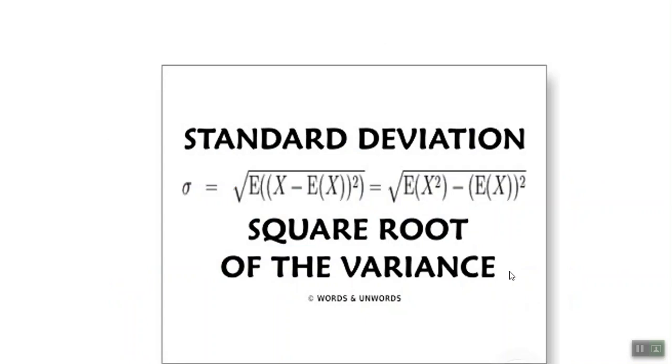How do we find the standard deviation? Well, for all of you math folk out there, here is a formula for you, okay? Or what you can remember is that standard deviation is the square root of the variance. Standard deviation is the square root of the variance. Why is this helpful?